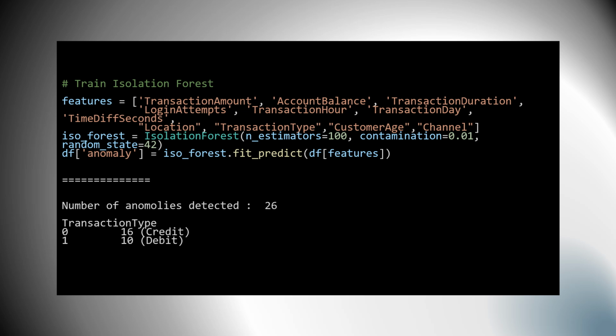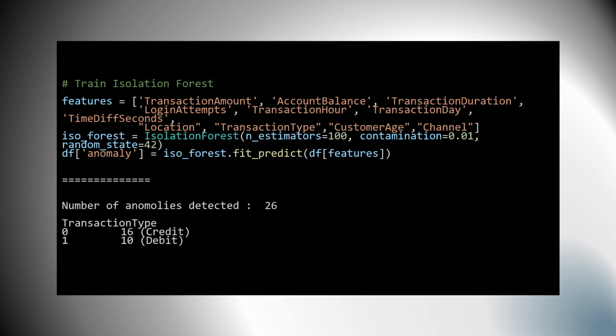I also set a random state for reproducibility. The important things here are A, the estimators, which tells the isolation forest how many trees to build before it reaches a conclusion, and B, the contamination level. So contamination level is pretty much what percentage of the data we expect to be anomalies.